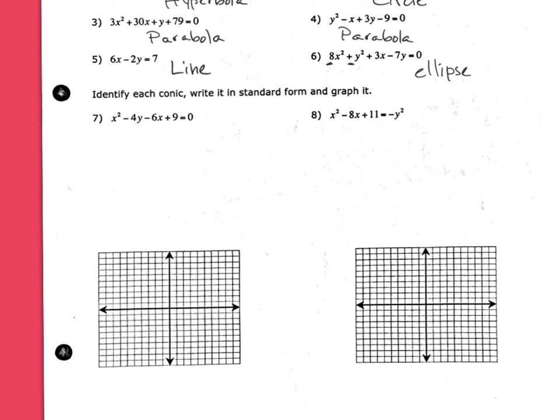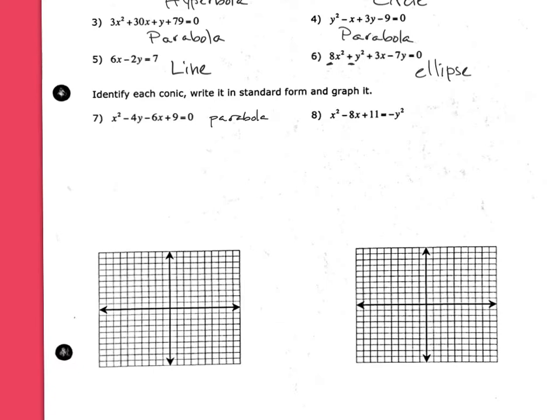So let's start from the very, very beginning and work through the whole problem. We're going to figure out what we have, put it in standard form, and we're going to graph this thing. Now, I'm going to pick on parabolas because I know those are the ones that seem to give us the most problems. So here we have one letter squared. It's a parabola. Now, it's up to you to control what comes on the left and the right.